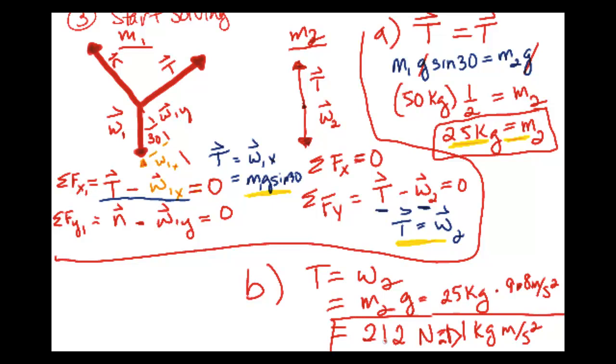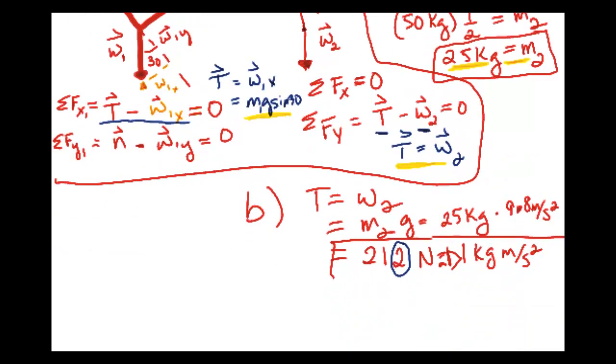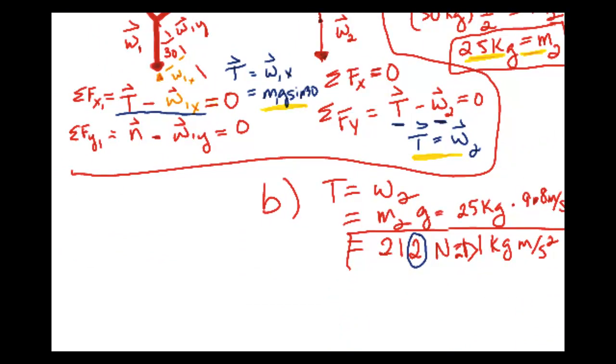Technically I should have used 2 sig figs there, so 210. I don't know if your class would use sig figs, so that would be a 0 right there if you do. And then the last question was, what is the normal force? So part C, I'll do over here. Part C, the normal force, if you remember looking up at this equation right there, was the y component.